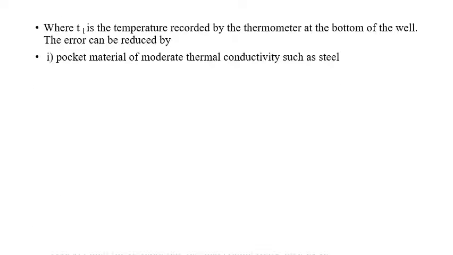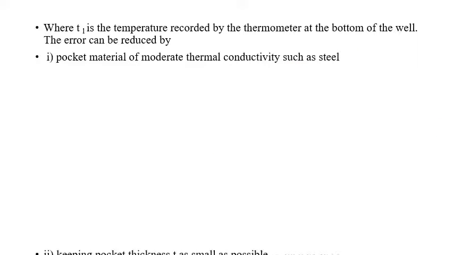So the error in the measured temperature can be reduced in many ways. First, by the pocket material: if I use a material with moderate thermal conductivity such as steel, the error happening in the thermometric well can be reduced.